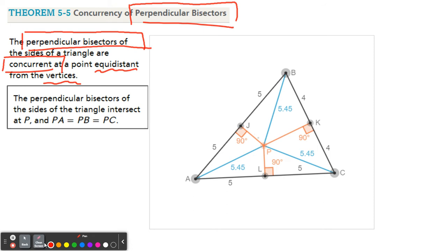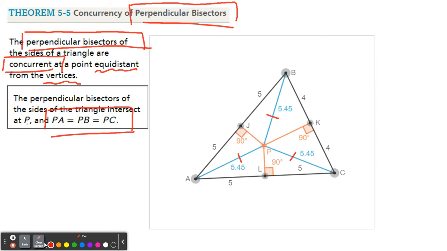Those would be PJ, PK, and PL. They make right angles and they break the sides into congruent parts. Therefore, PA is going to equal PB is going to equal PC, which means that those segments are congruent.